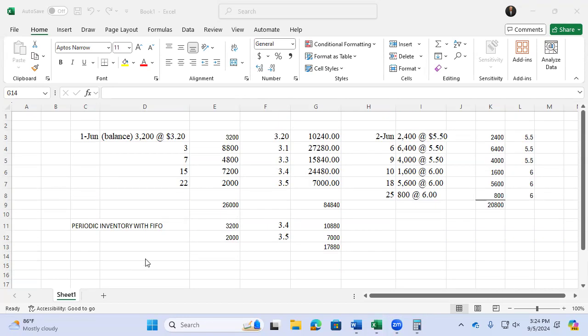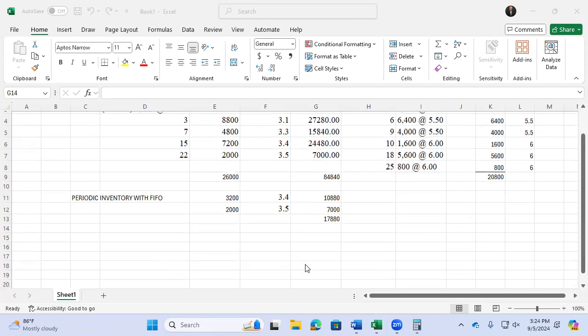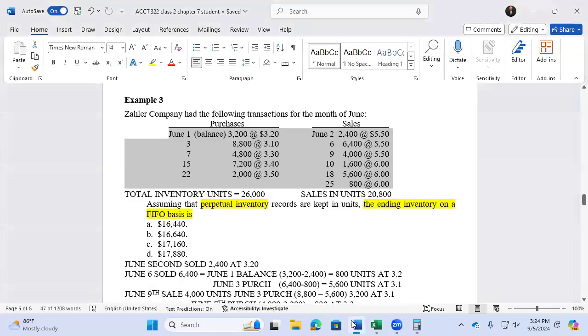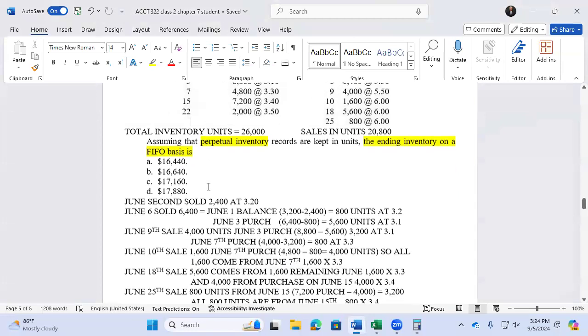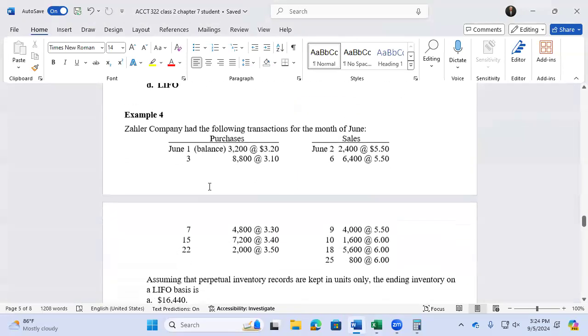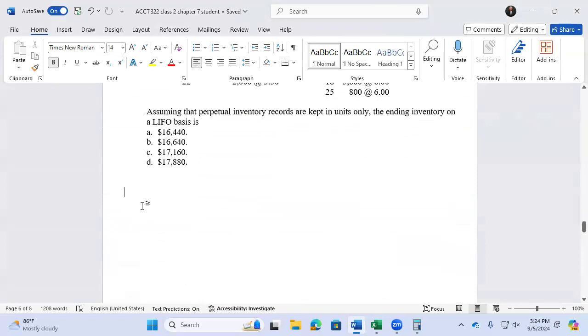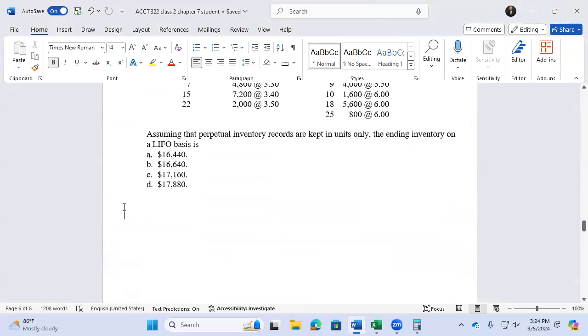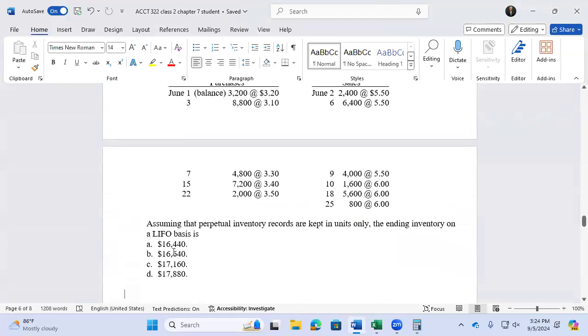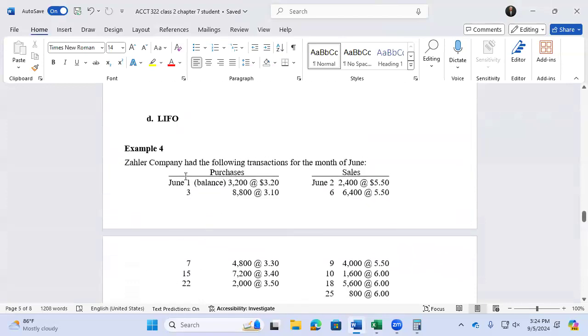It's me. All right, any questions on that example for FIFO? Okay, so now we have last in, first out. And so we're gonna look at the same details.